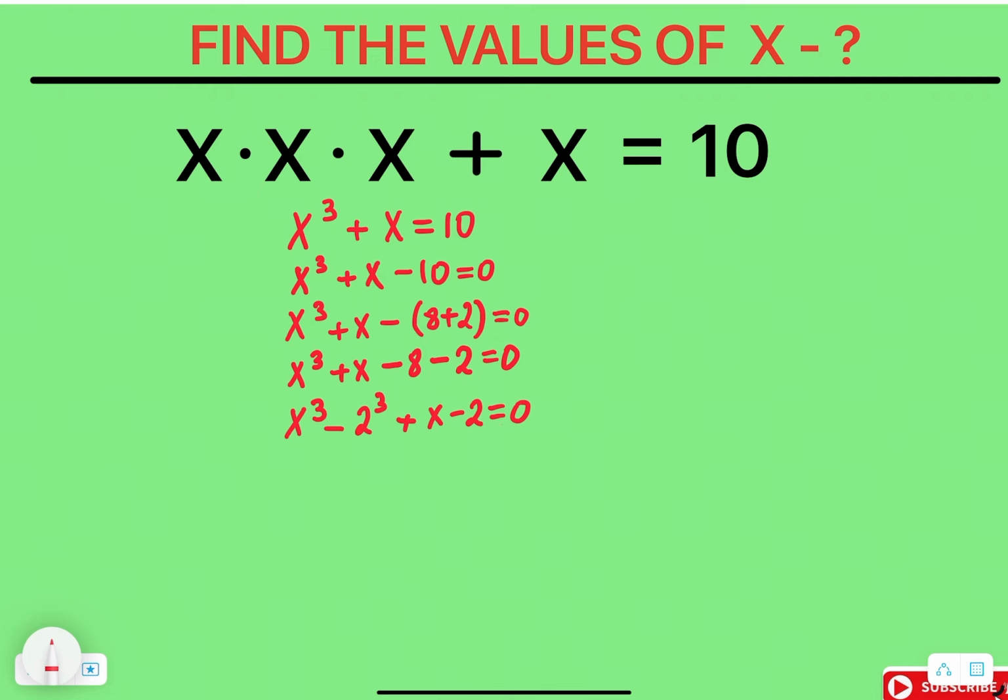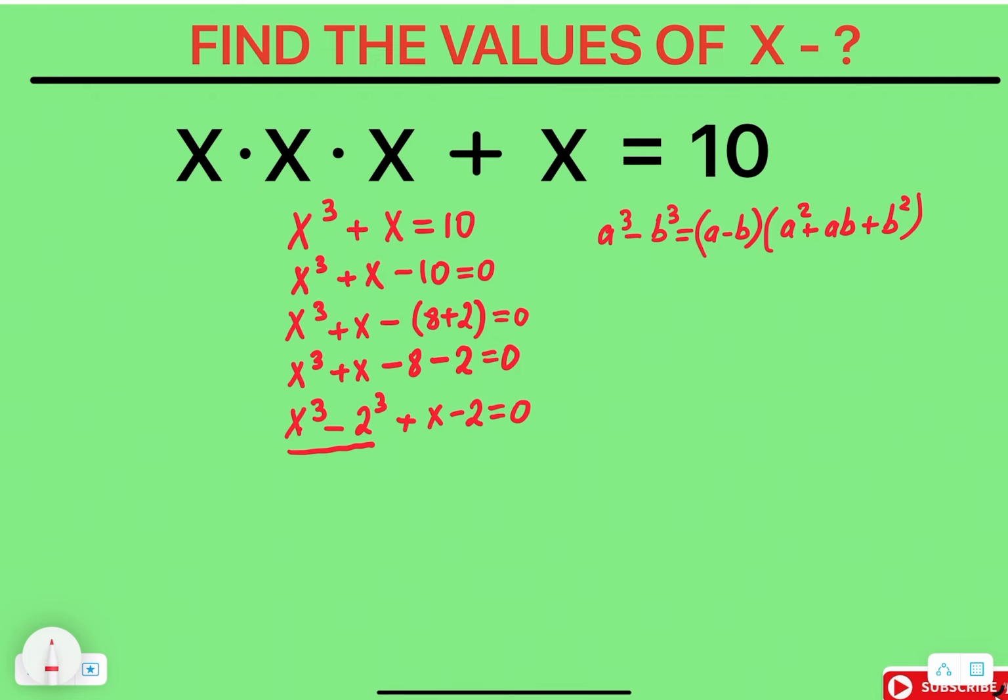As you remember, in algebra, we have a cubed minus b cubed equals a minus b times a squared plus ab plus b squared.